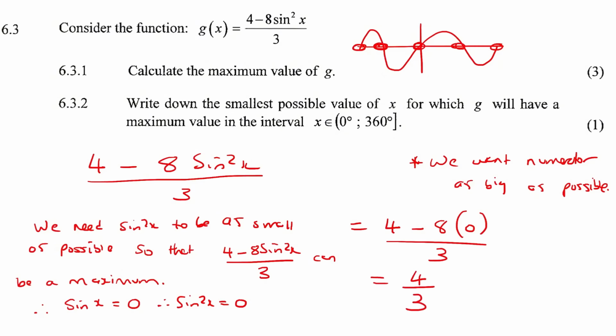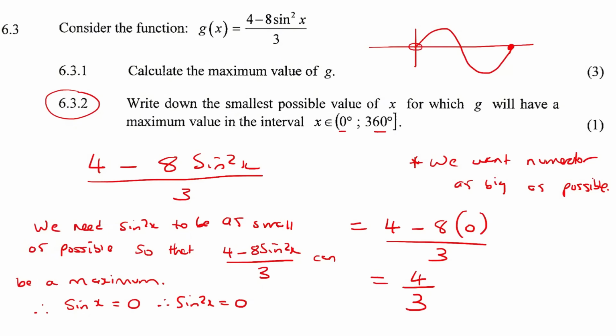Now, this question says, write down the smallest value of x so that g will have a maximum value. Okay, well, we already said that the graph of sin, they only want it over the interval 0 to 360. Okay, so that's going to be just a normal sin graph. They said from 0 up to 360. 360 is included, but the 0 is not included.